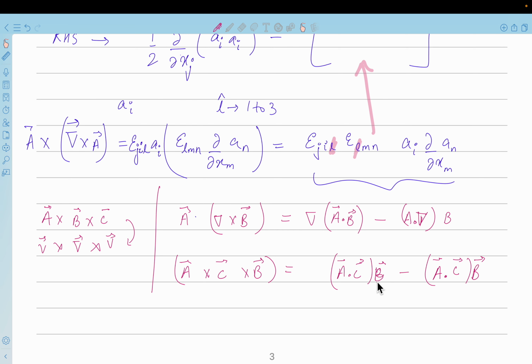Now the problem with this approach is, see, if you replace C with just grad, you should get A dot grad operating on B minus again A dot grad. Oh, I've written both the terms same.